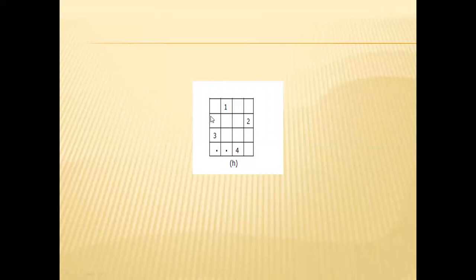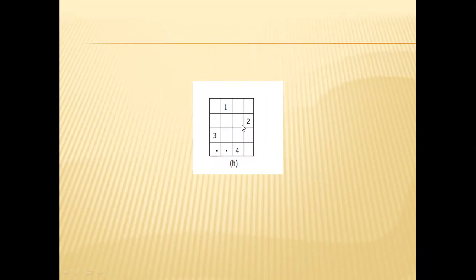Suppose the first queen is placed at the first row, second column. The second queen is placed in the second row, fourth column. The third queen is placed in the third row, first column, and the fourth queen is placed in the fourth row, third column.